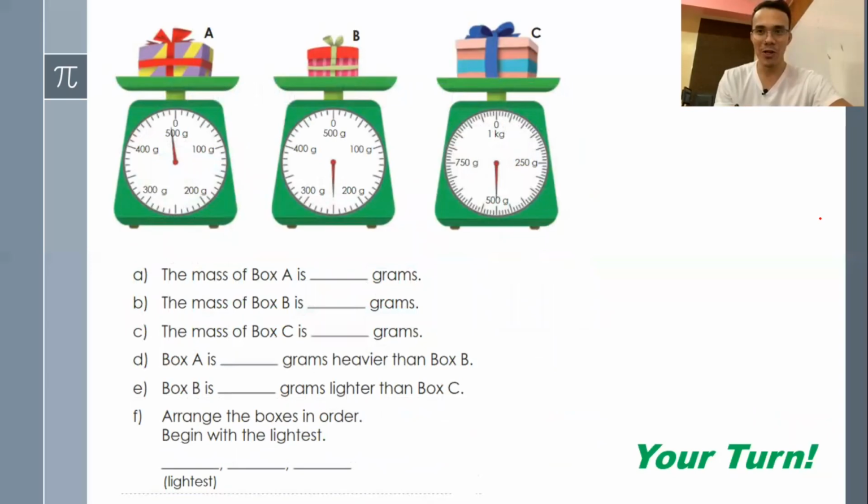Now it's your turn, grade 2. I'm giving you time to do this, and your time starts now.